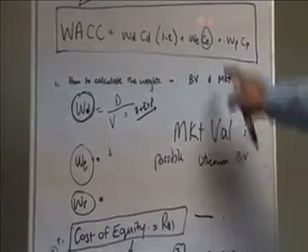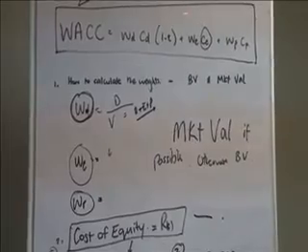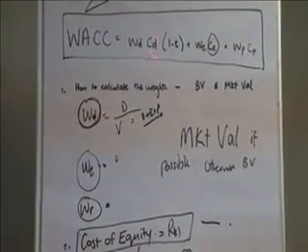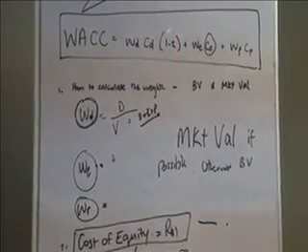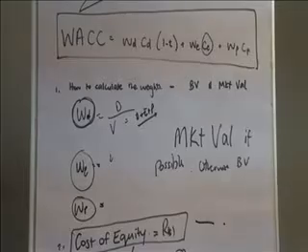And those are two methods to calculate the cost of equity. Now what we're going to do is speak a little about the cost of debt, and how do you calculate the cost of debt?